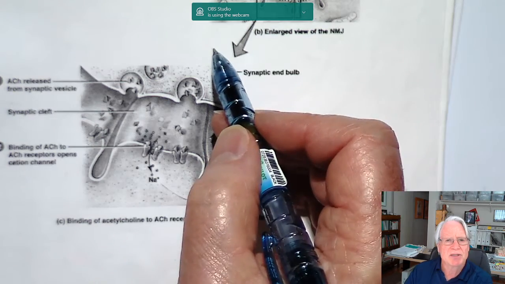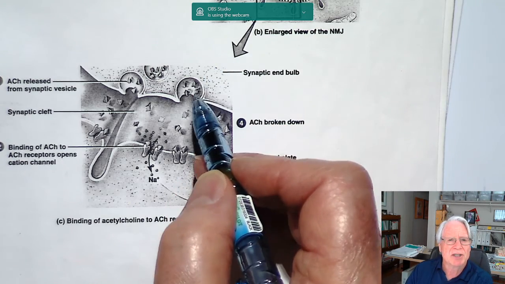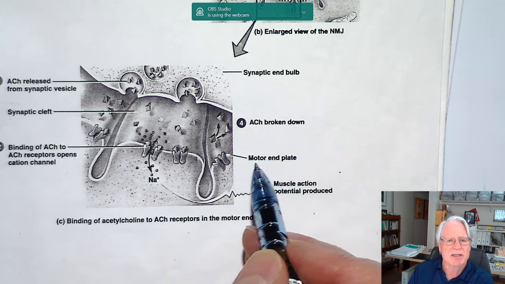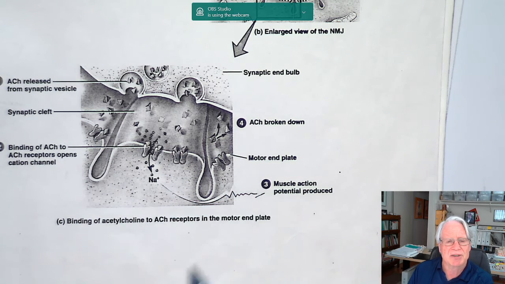So we have two action potentials, one that initiates the release of acetylcholine, and a second one that's generated as a result of that on the muscle cell.